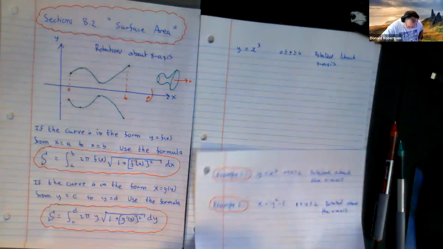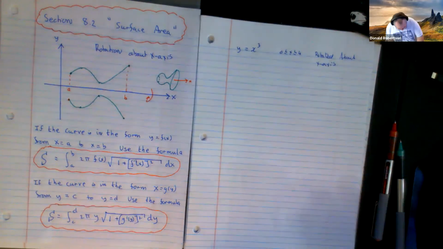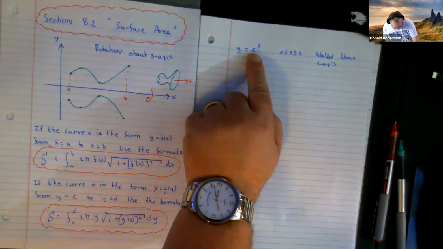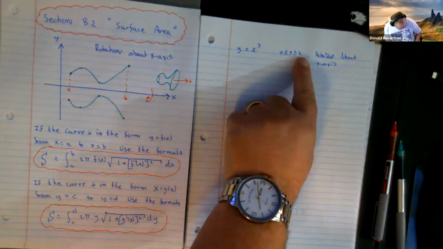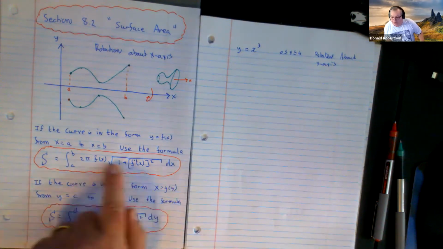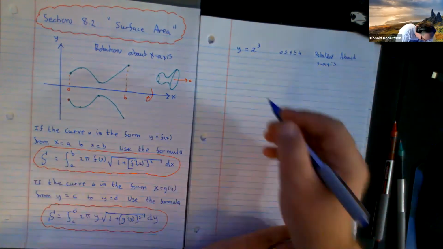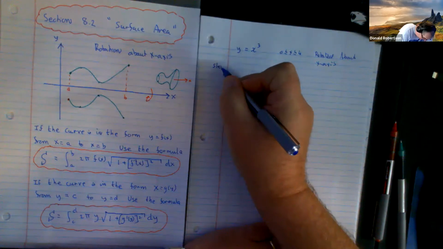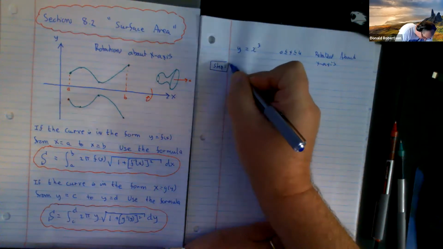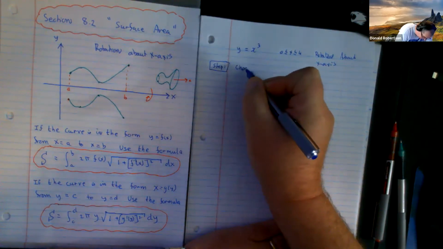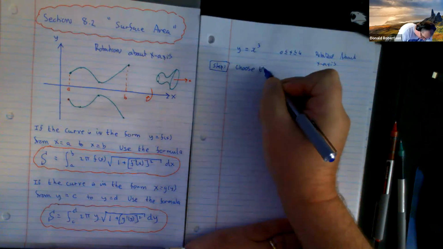And so I look at the information and I say, oh, it's y equals x cubed and it's x from a to b. So that means use this formula. So step one: choose the appropriate formula.